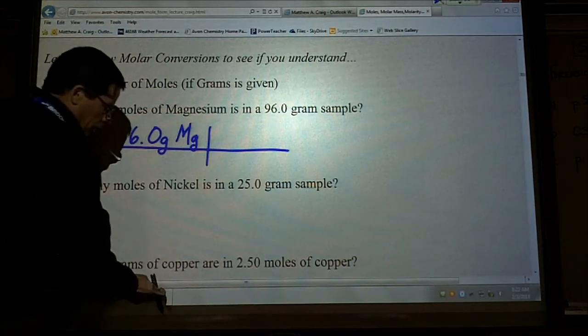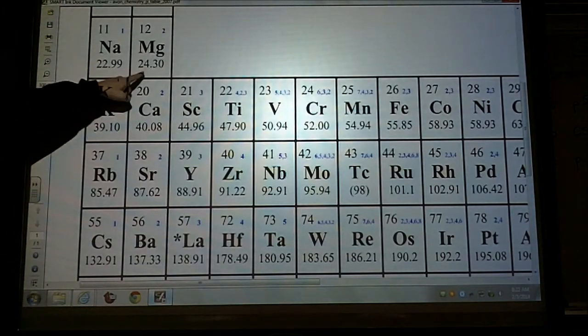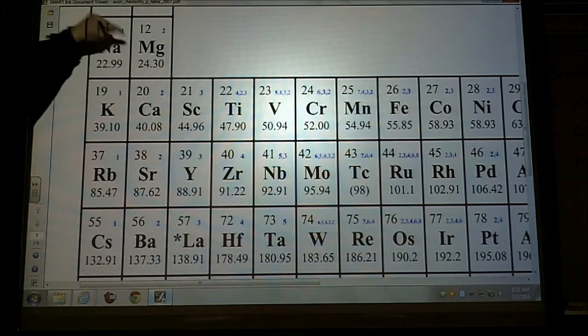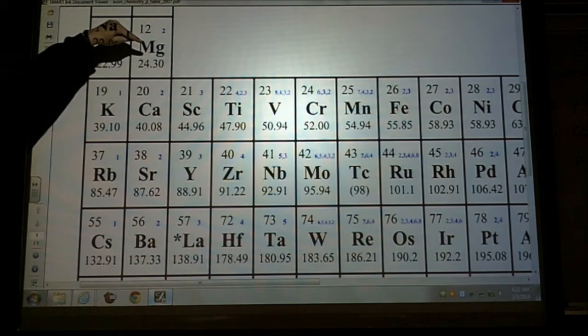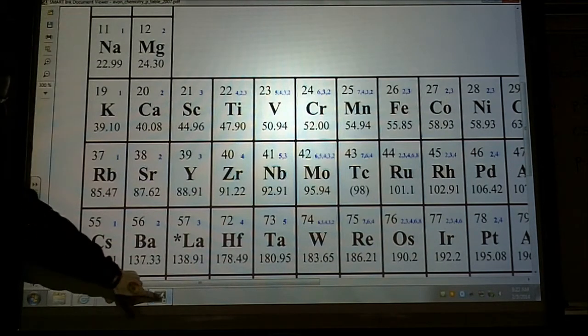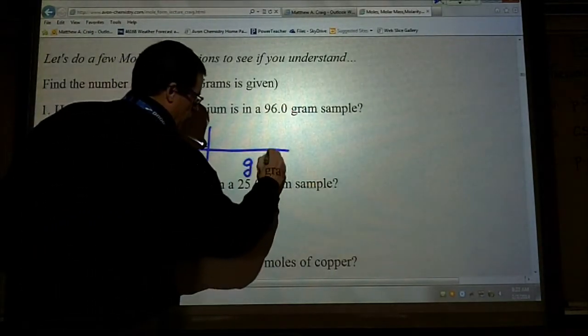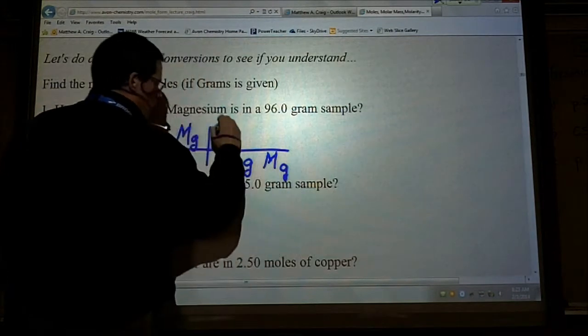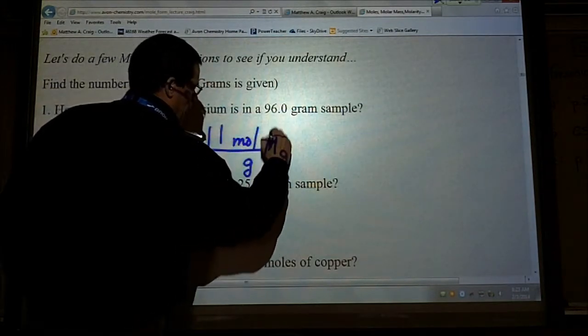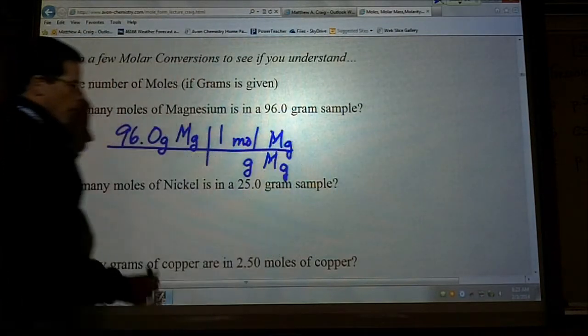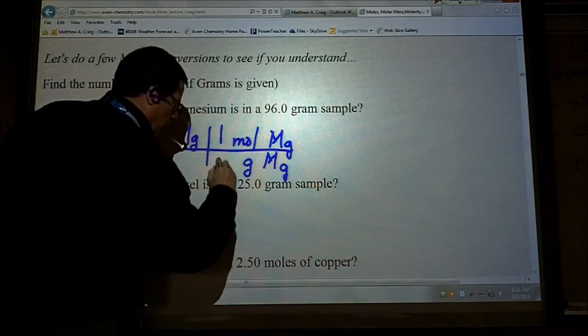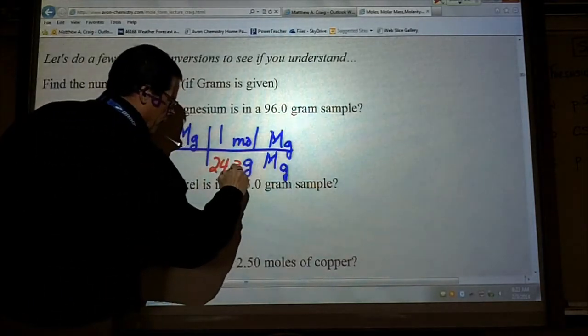So when we look at this, if I look for magnesium, there's magnesium. In 1 mole of magnesium, how many grams? 24.3. Good. So I would say, okay, so my unit grams of magnesium go down here, and I would put 1 mole of magnesium up on top. And we said it was 24 point what? 3.